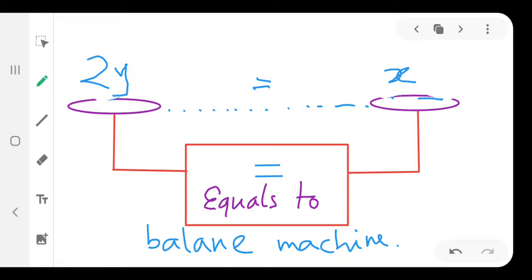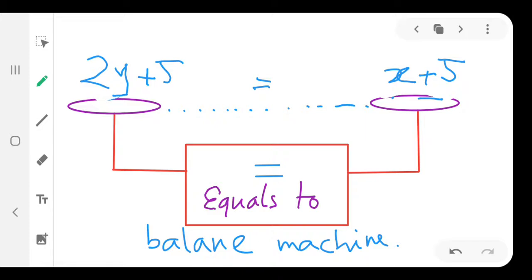So what to do with the equation? We can add anything here, but to keep the balance, we have to add the same thing on the other side. It is just like fractions. You must remember in a fraction, whatever we used to do upside in the numerator, we have to do the same thing downside, in the denominator, right?